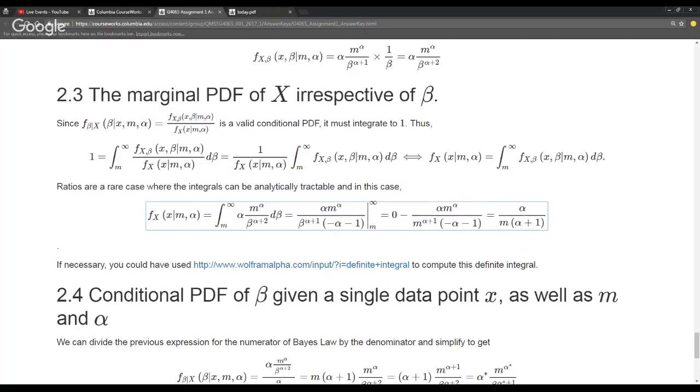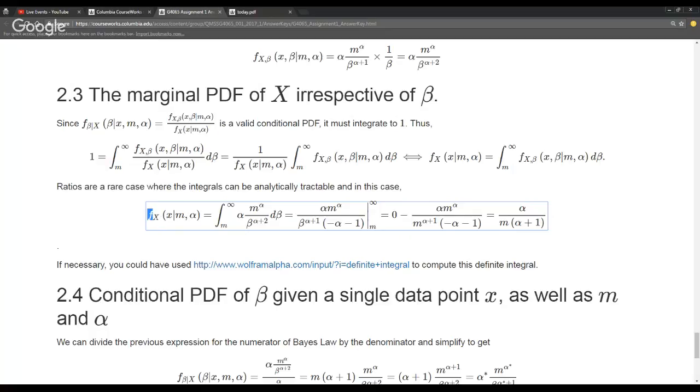Yes? M and alpha, they're not parameters. So the left-hand side is not a conditional. The left-hand side of the equation is not a conditional. Oh, here? Yeah, so oftentimes you'll see Bayesians be a little bit cavalier about keeping around the values that were constants that you supplied to the prior. The point of the numerator or the denominator is that it doesn't involve beta. We've gotten rid of that.